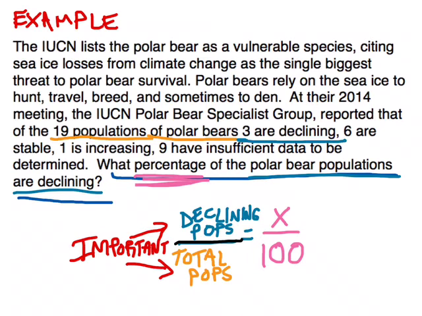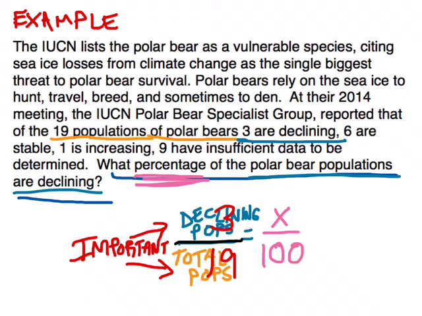3 are declining. So I have 19 total populations, and 3 are declining. So I can finish solving this equation by putting that information in. 3 declining populations, 19 total populations, and I'm ready to go.